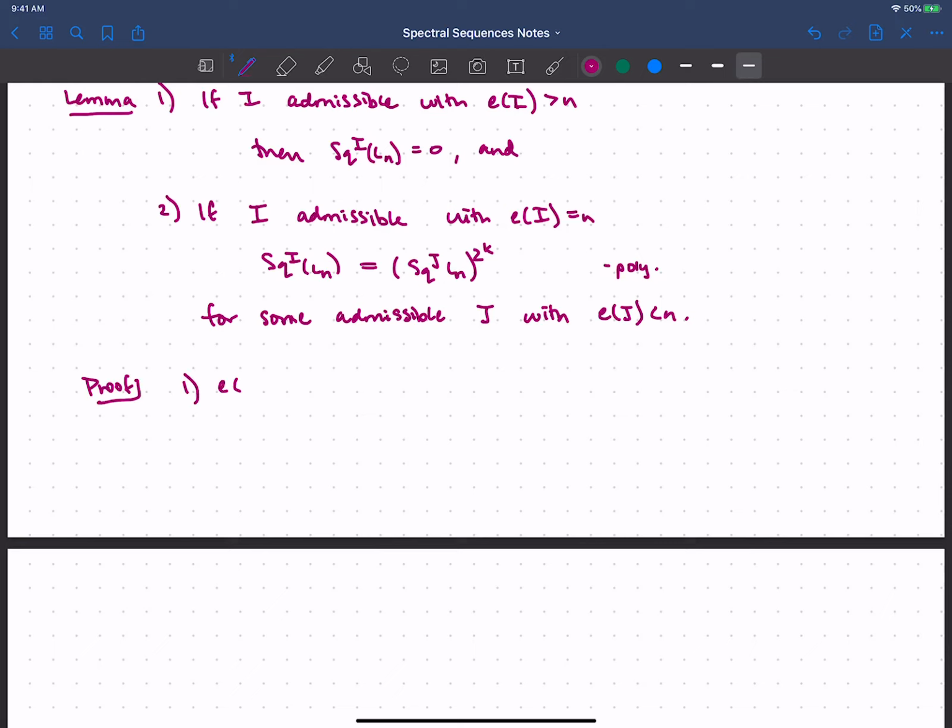Okay, so let's assume the excess of I is greater than n. Of course, I'm assuming it's admissible. It doesn't even make sense to talk about excess unless it's admissible. And what is the excess? Well, I guess our middle version of this was we could take the first term minus all the other terms.